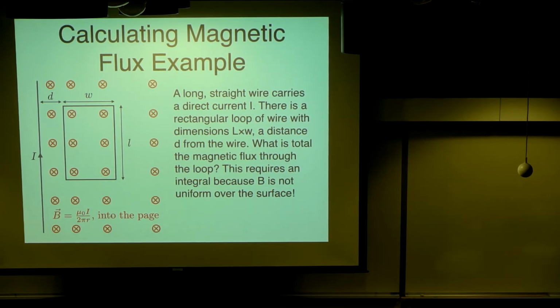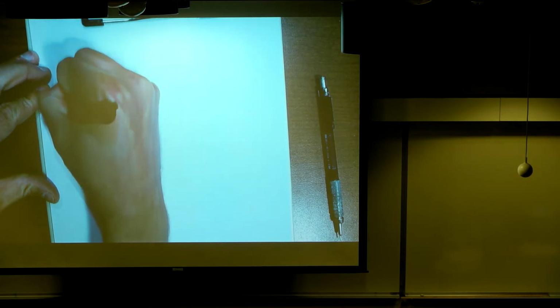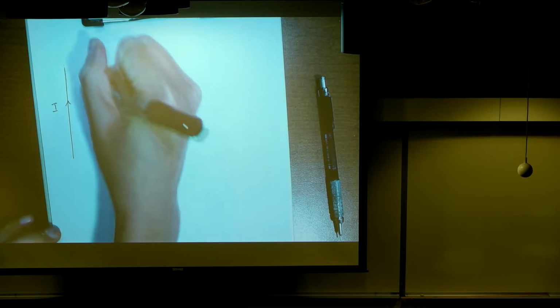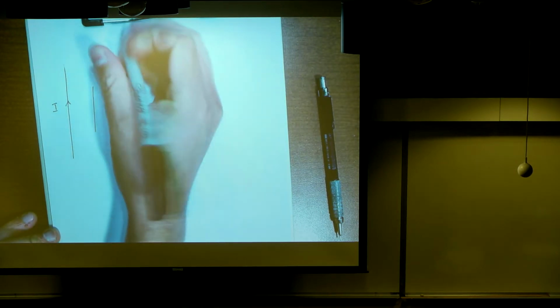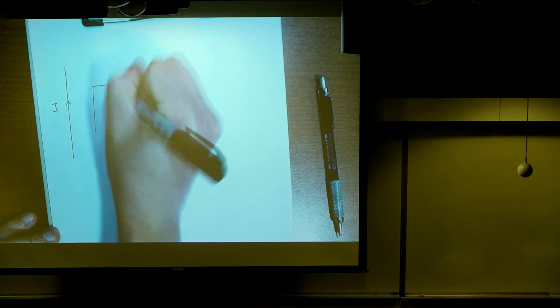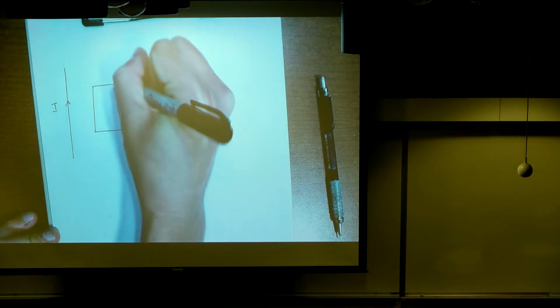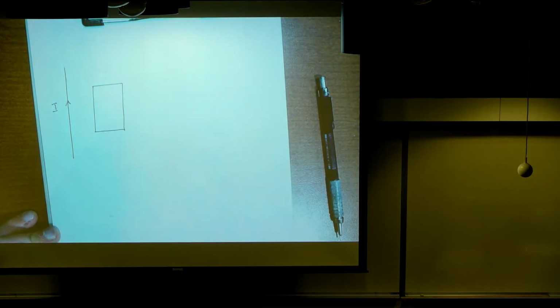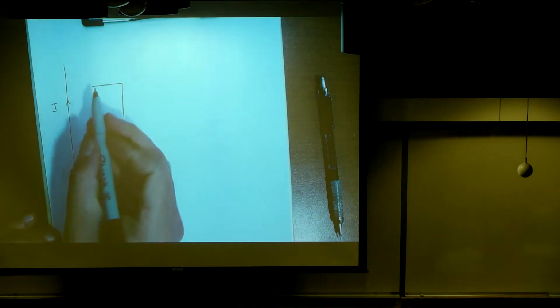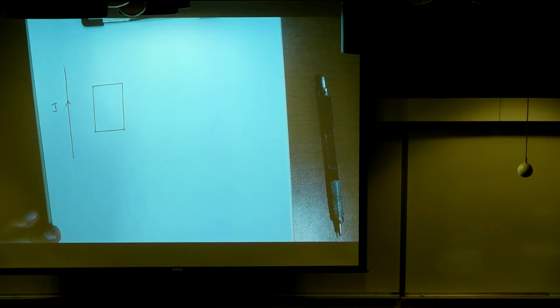So here's how we're going to deal with this one. We have to find some way of setting up the integral, right? So let's start just by copying down the picture. We have the straight wire with current I going through it. And then we have our loop over here. Now the thing about the B field is it depends on how far we are from the wire.